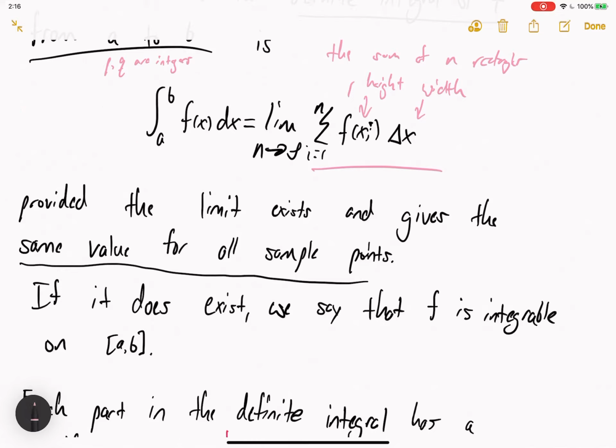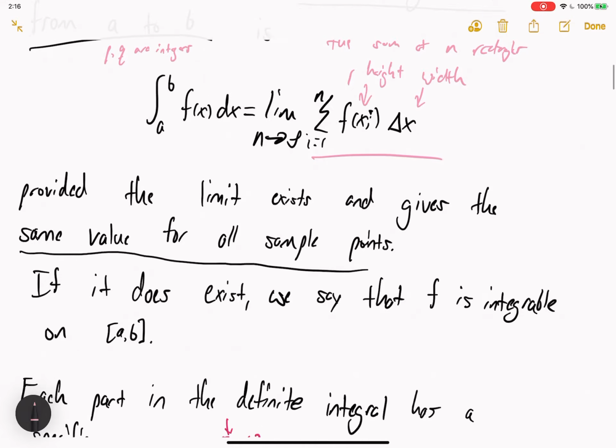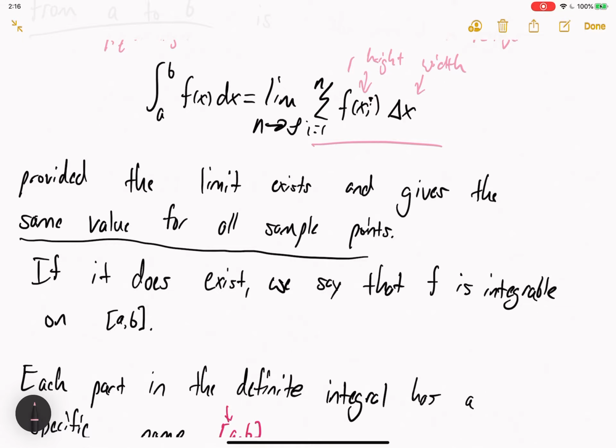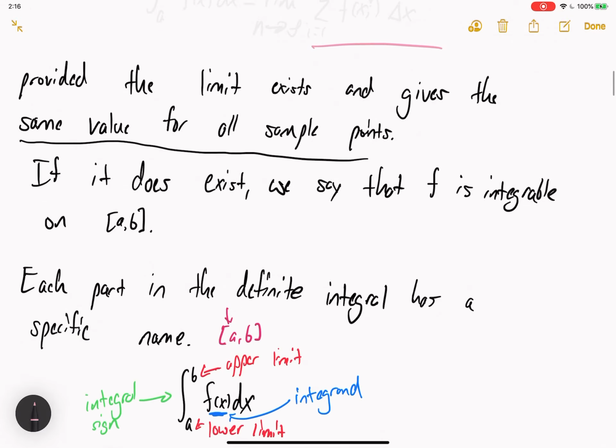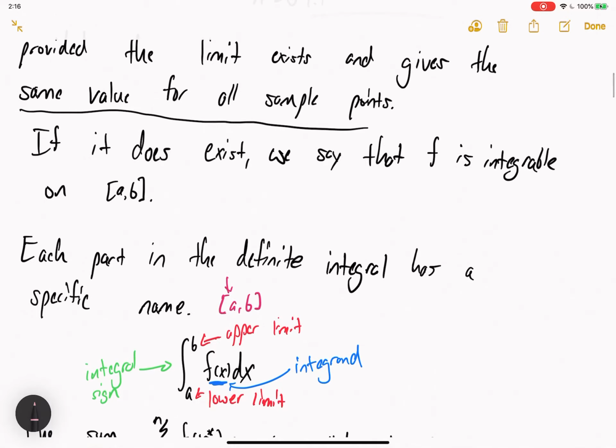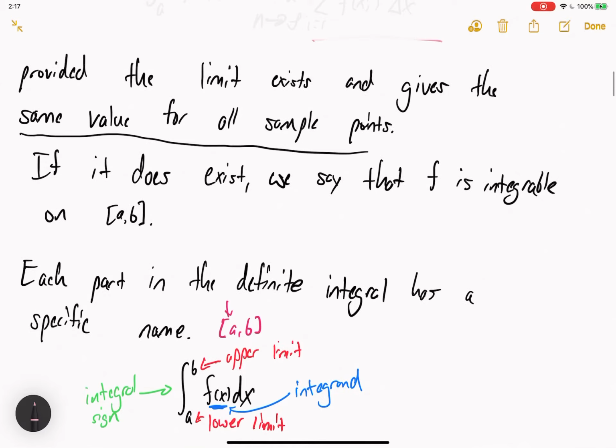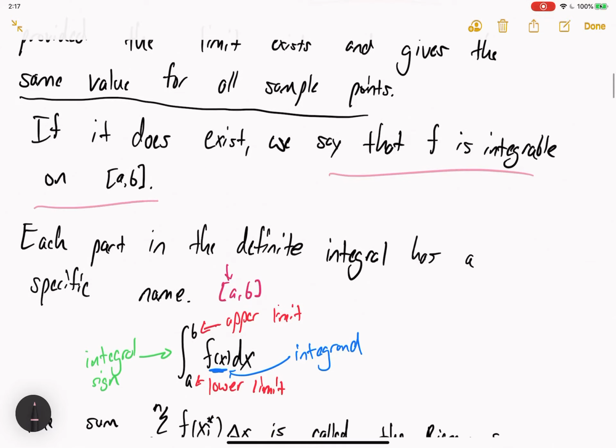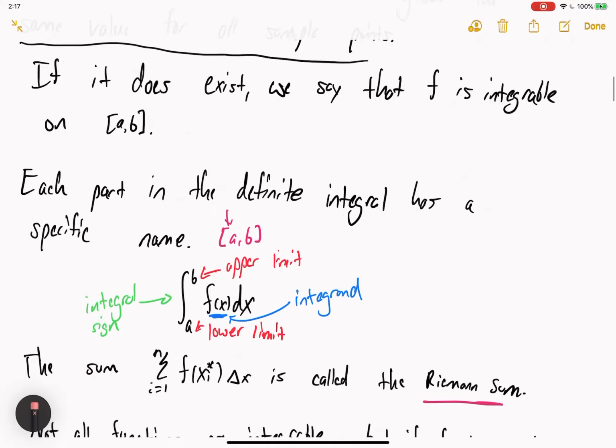And the limit of things being 0 is 0, the limit of things being 1 is 1, so that's why we have to have the same value. This is where continuity comes into play too. But again, if it does exist, if we satisfy those conditions, the limit exists and is the same value for all sample points, then we say that f is integrable on a, b.